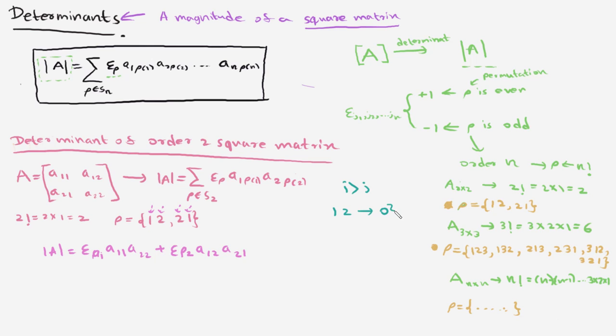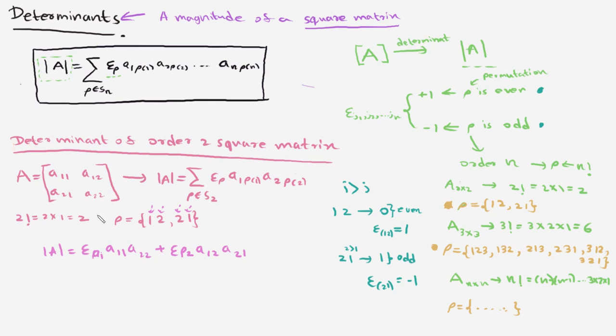So this is an even count. Since this is an even count, this epsilon 1 2 will be 1, because I just said for even permutations we assign the sign +1. For odd permutations we assign the sign -1. Likewise 2 1. Now 2 precedes 1, so the precede count will be 1, so this is an odd count, so epsilon 2 1 will be -1.